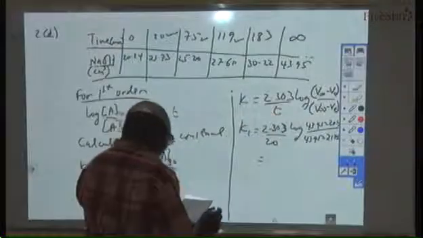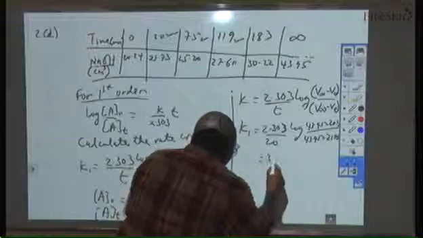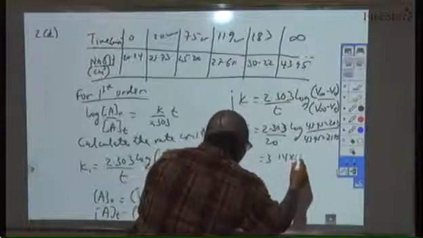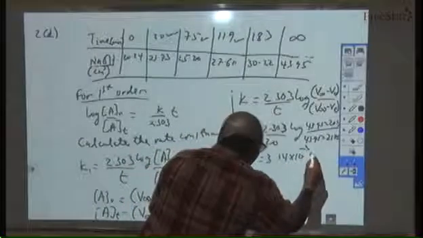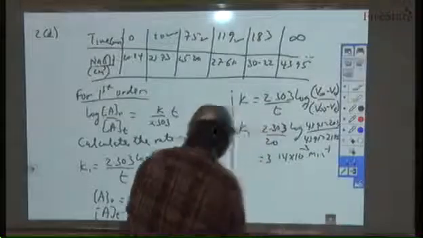If you do so, you will get 3 times 10 power minus 9 per minute.